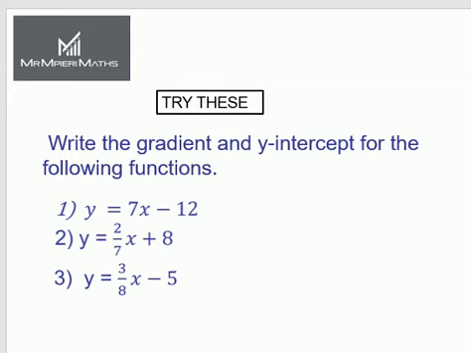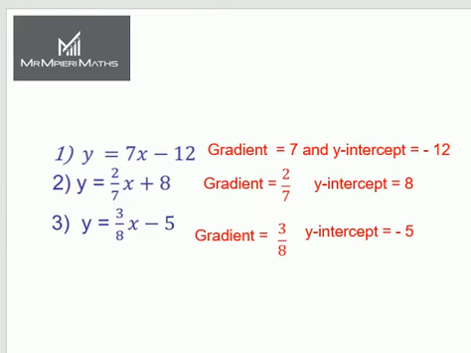Try these questions. Press pause when you're done, press play. Okay. First one, y equals 7x minus 12. Find the gradient. The gradient is 7 and the y-intercept is minus 12.